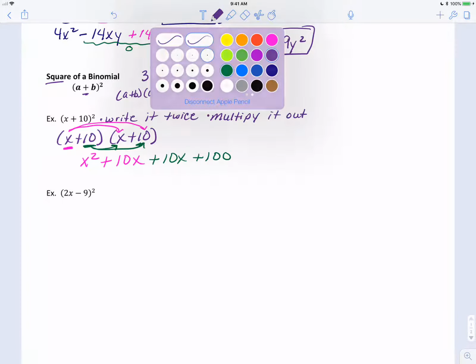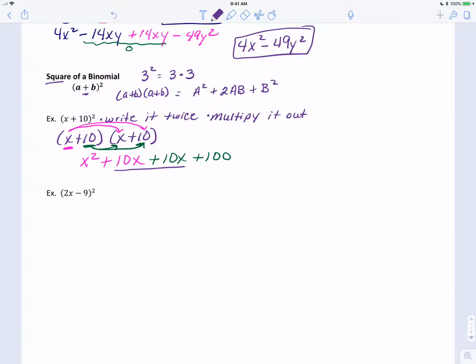And always we can join together those two terms. Now notice those are not going to cancel each other out because they are both positive. So final answer, x squared plus 10x plus another 10x gives us 20x plus 100.